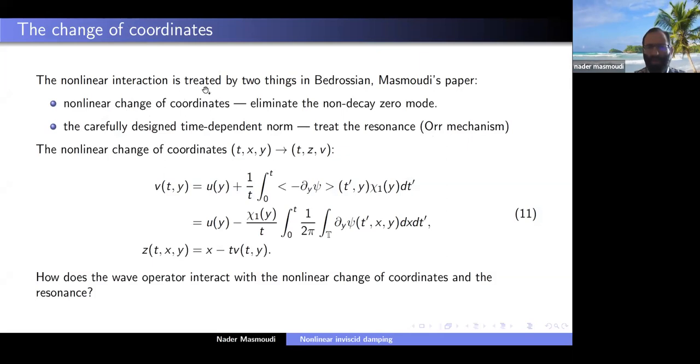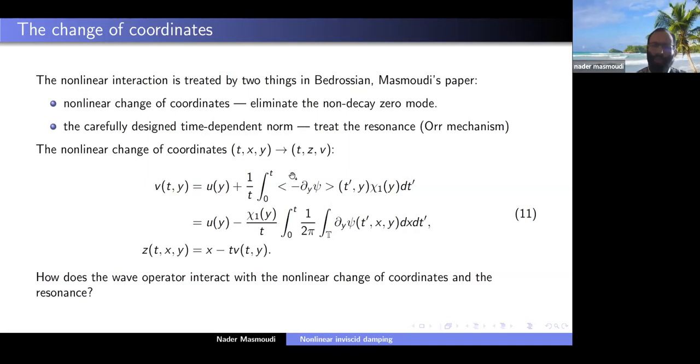However, the interaction with the nonlinear change of coordinate requires a little bit of careful adaptation of the wave operator. Basically, in the paper with Jacob, we had to introduce a change of coordinate, which is the following. There u of y was just y, but we need the same one here.